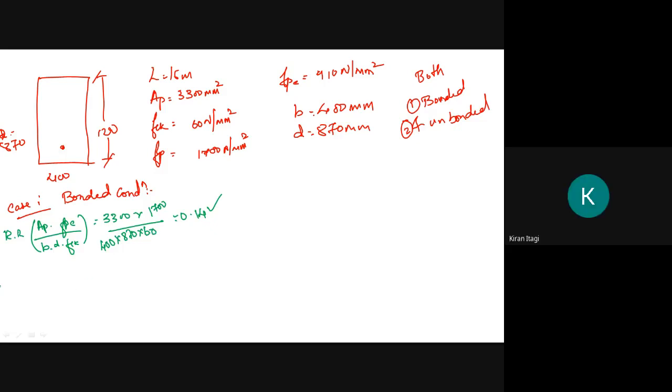Next, tell me the FPU value. 0.87 FP. What ratio will you get, and what will XU by D be?